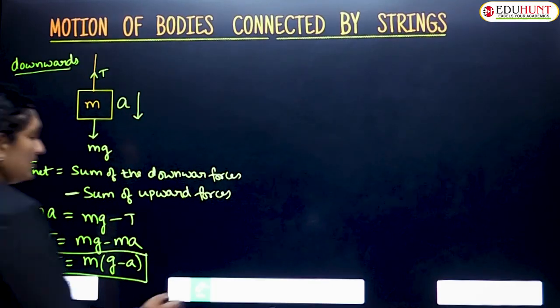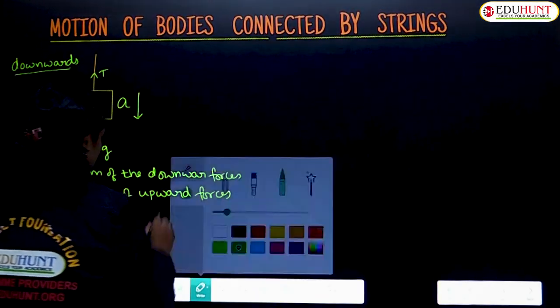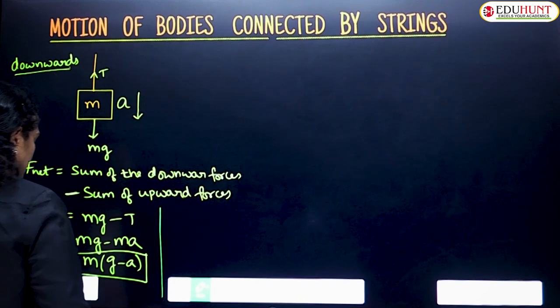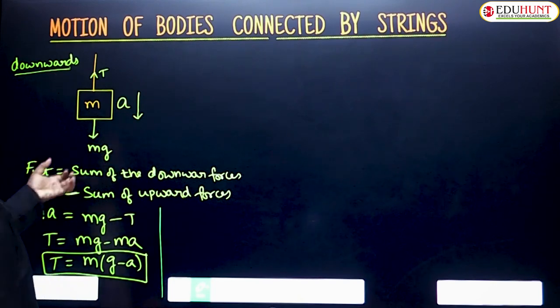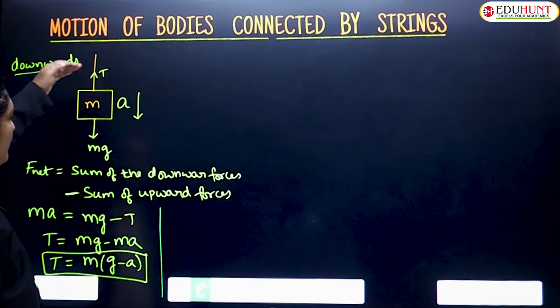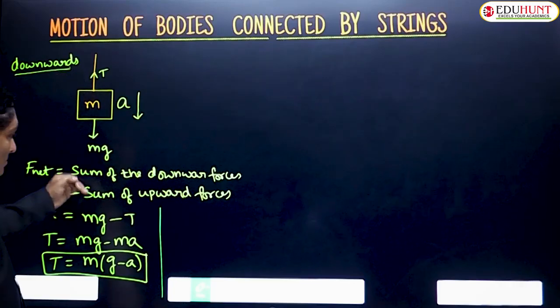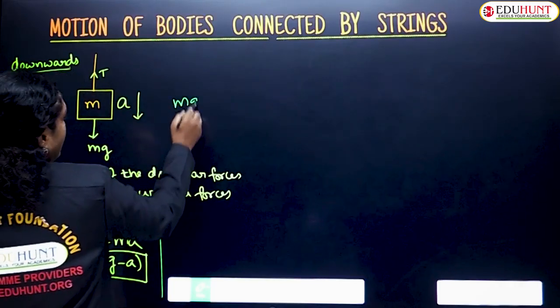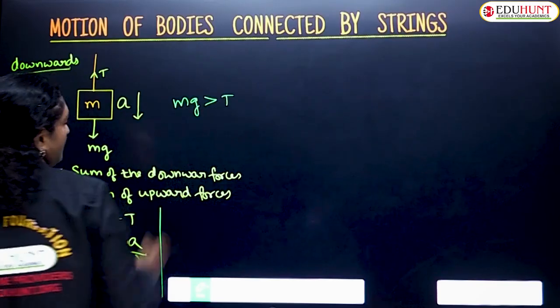Clearly, the tension T is less than mg, because mg is dominating.